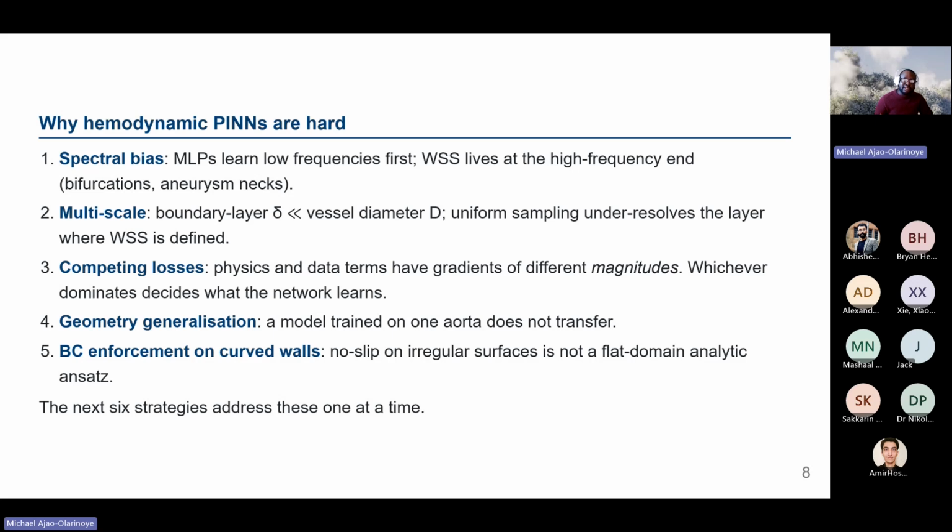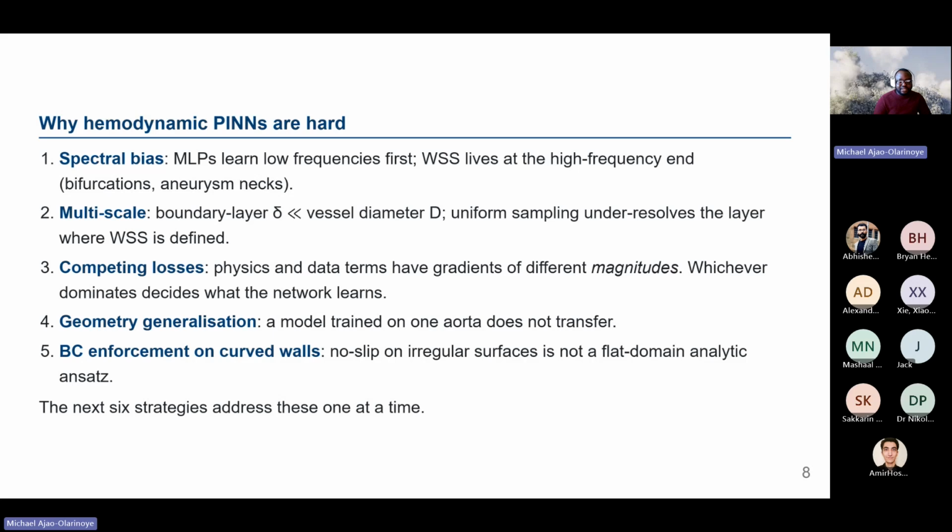We need to consider how to take the initial learning stage of the neural network to get the data from the high-frequency part. We also have multi-scale issues, and computing loss issues, where the data loss might be bigger than the physics loss, or the physics loss might be bigger than the boundary loss.